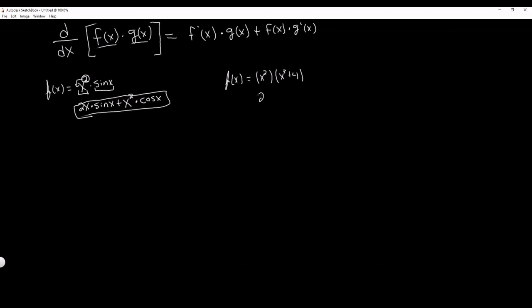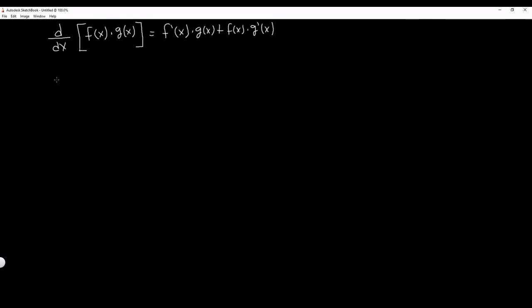So this will be 2x times the second one unchanged. So this will be times x cubed plus 4, plus the first one unchanged, x squared, times the derivative of the second. So the derivative of this would just be 3x squared. And this is the answer to this problem.